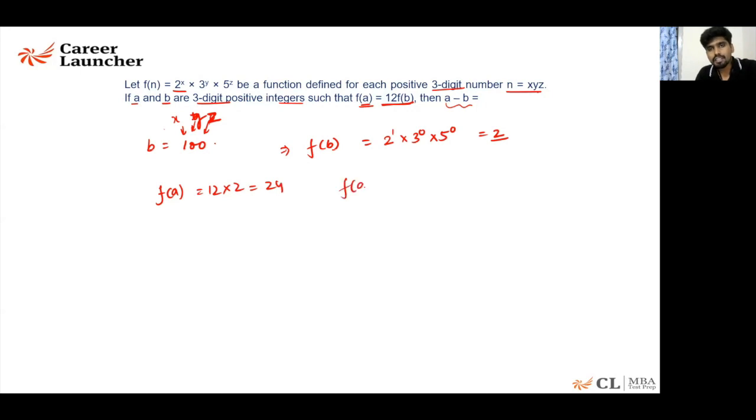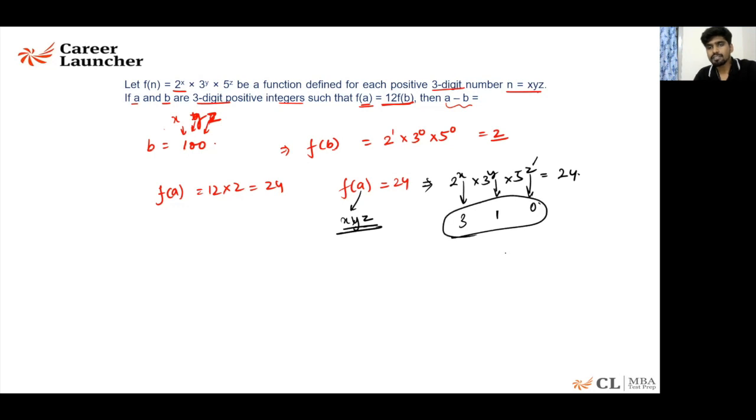So if f of a is equal to 24, and a is a number of the form xyz such that xyz is a 3-digit number, then you will get 2 power x into 3 power y into 5 power z equal to 24. As a result, you will find that z is equal to 0, x is equal to 3, and y is equal to 1. As a result, the number xyz is going to be 310.